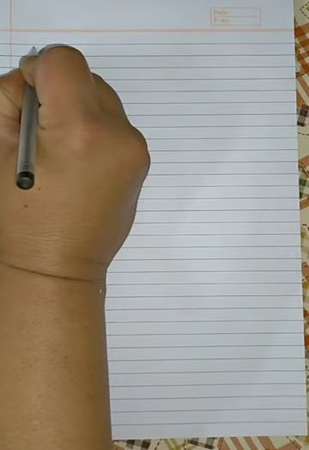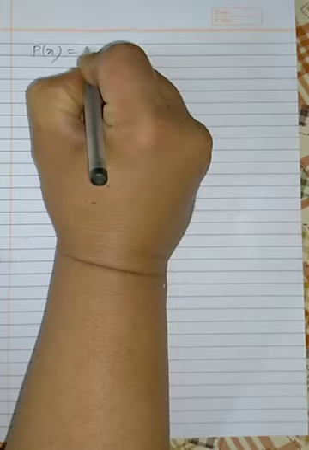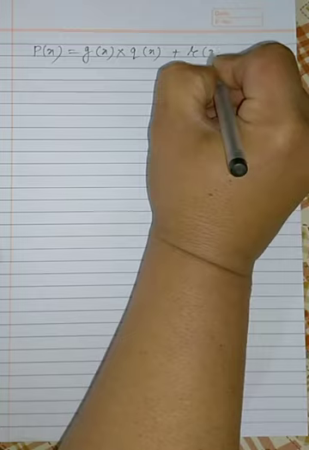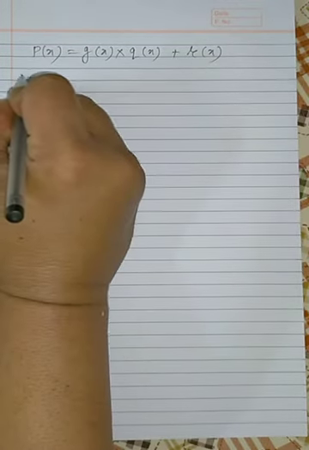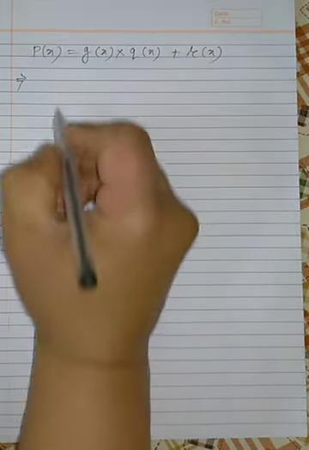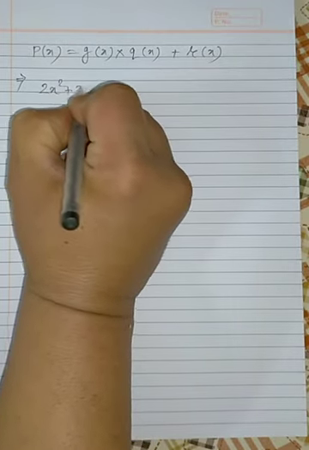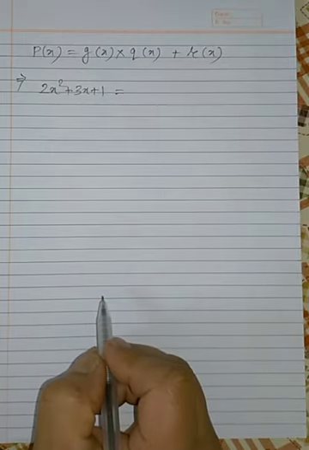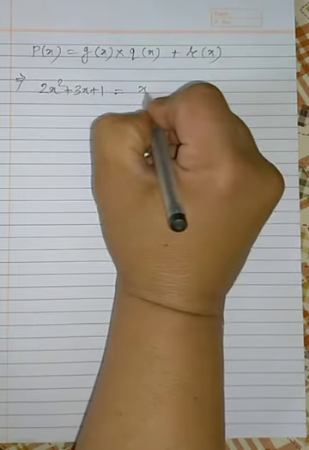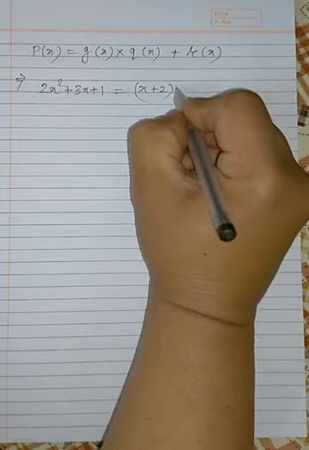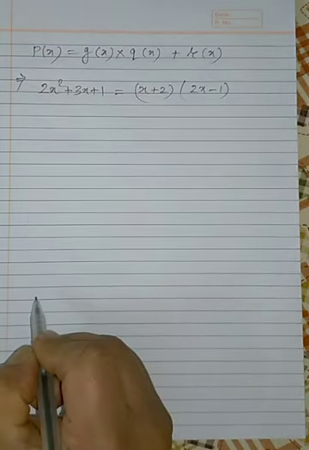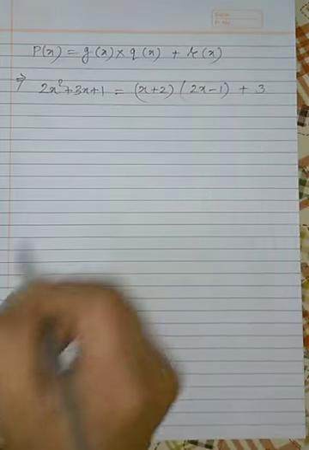So we have p(x) is equal to g(x) into q(x) plus r(x). Therefore, our p(x) is 2x square plus 3x plus 1, which is equal to g(x), which is x plus 2, into q(x), which we got 2x minus 1, plus r(x), which is 3.